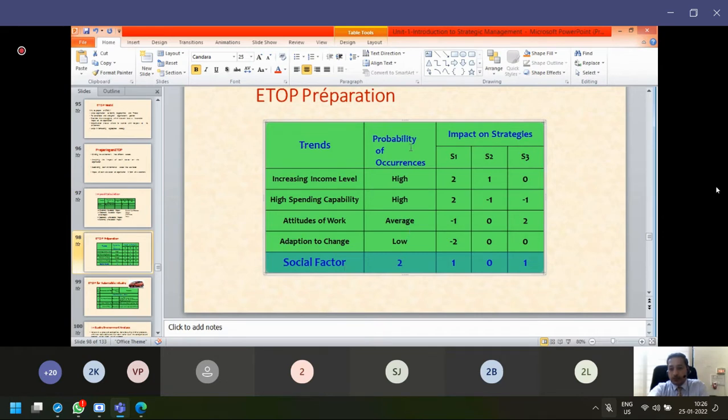The probability of occurrence is observed, and then the impact on strategies is written in the form of numbers, how much impact it will carry on different strategies. Then the total is calculated, and the total is assigned as the effect of that particular factor on that particular organization. Getting it?